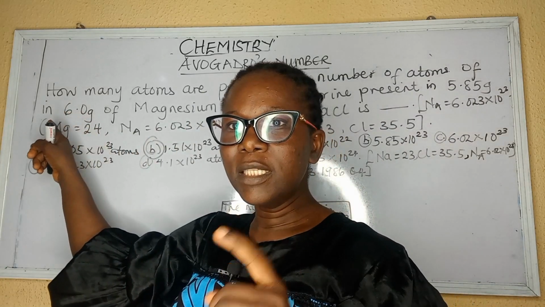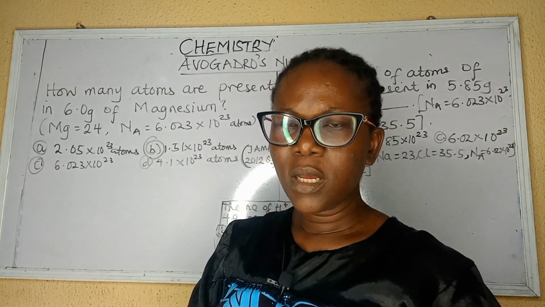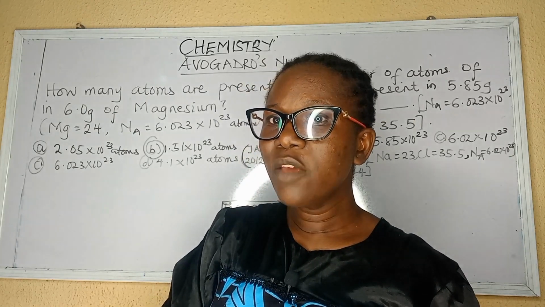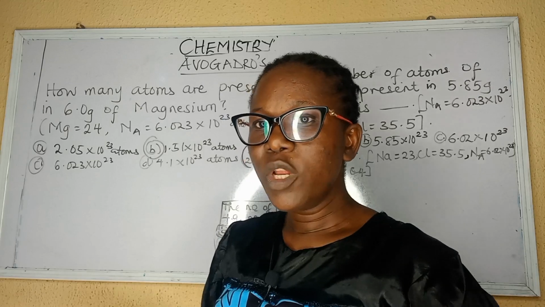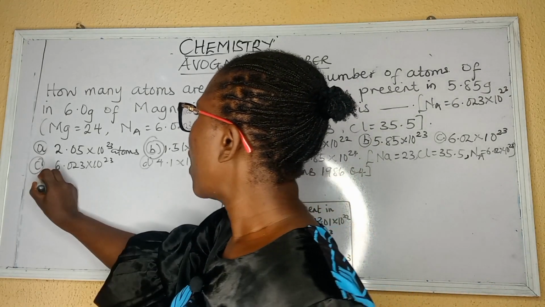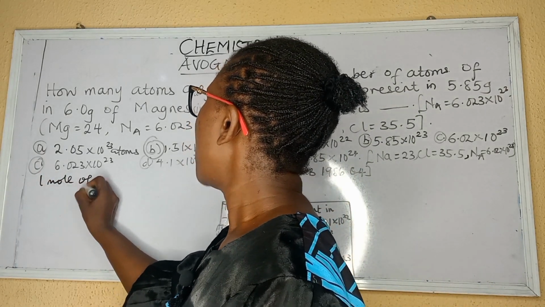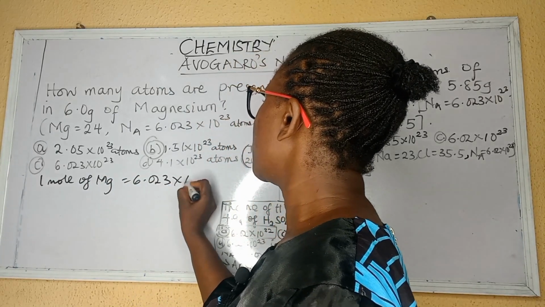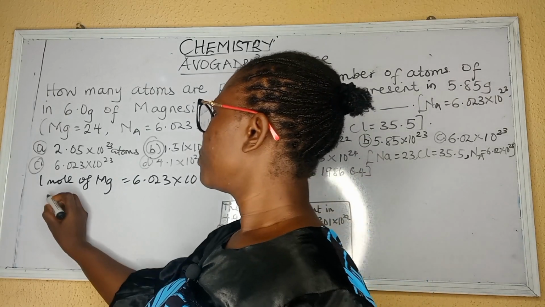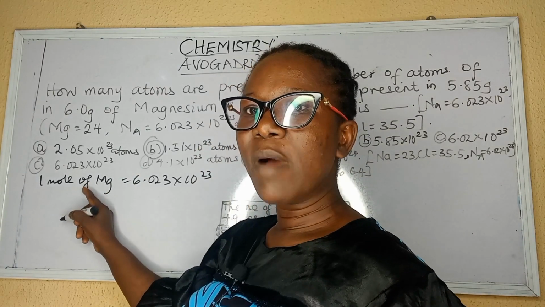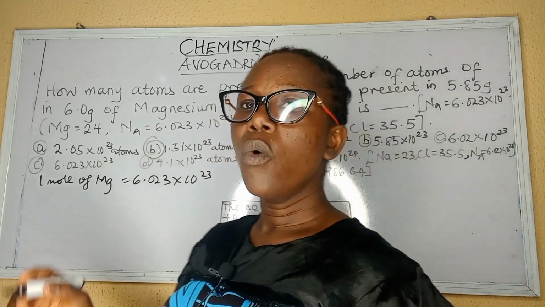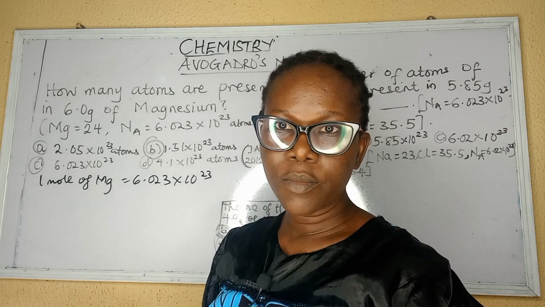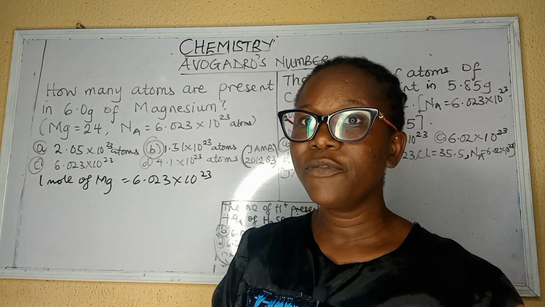But 6 grams will contain what? Now, we don't know, because we were not given our question in form of mole, so we need to work it out. So 1 mole of magnesium contains 1 Avogadro's number, which is 6.023 times 10 raised to the power 23. But we need to convert 1 mole of magnesium to mass. 1 mole of any element is its atomic mass or mass number. That has been treated in the previous topics.